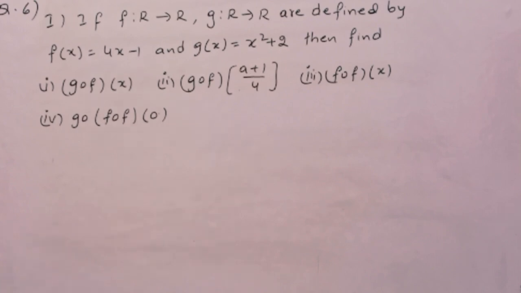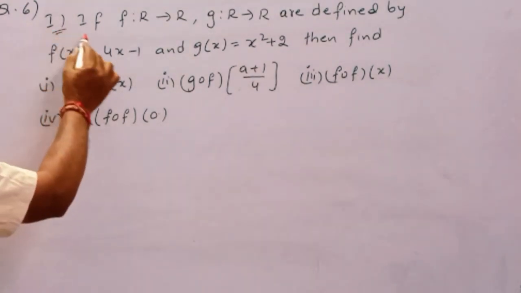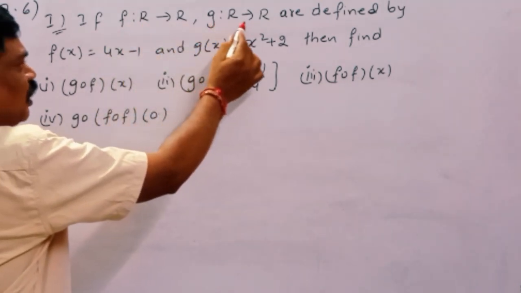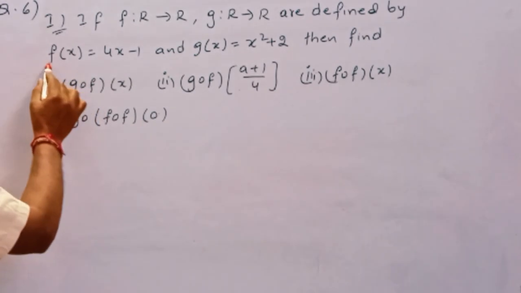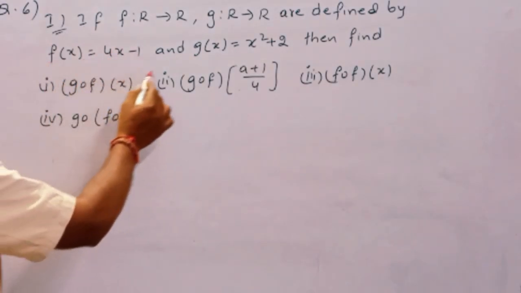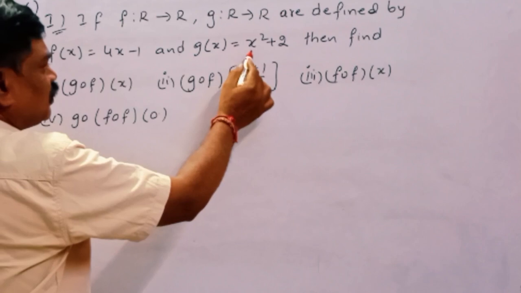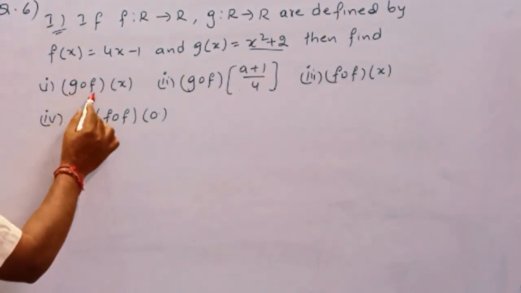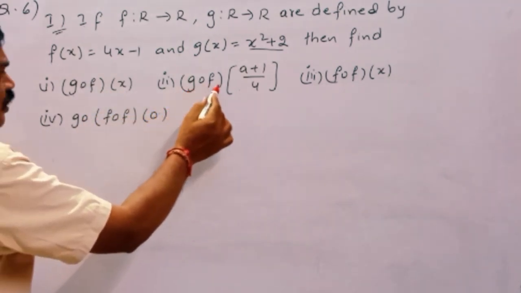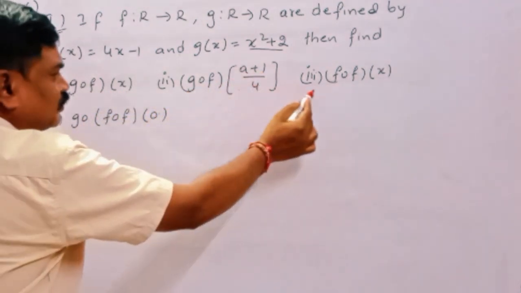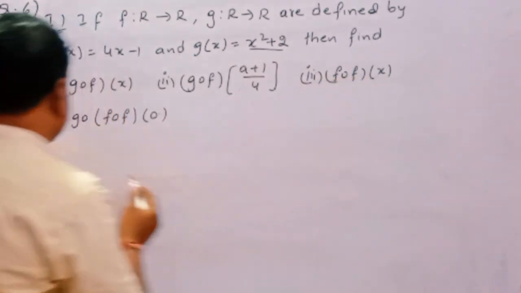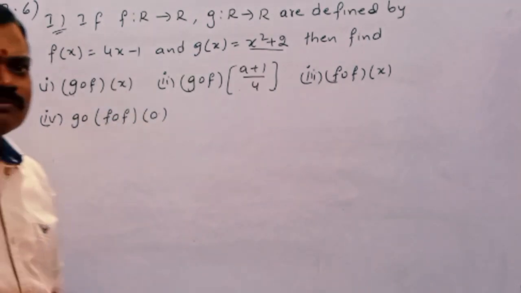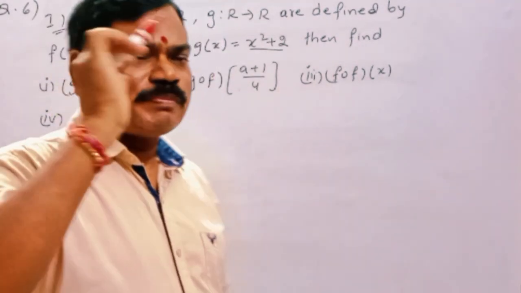Here, if f from R to R, g from R to R are defined by f of x is equal to 4x minus 1 and g of x is equal to x square plus 2, then find the value g circle f of x, g circle f of a plus 1 by 4, third one f circle f of x, fourth one g circle of f circle f of 0. We have to find these.